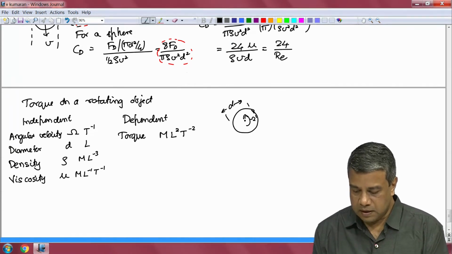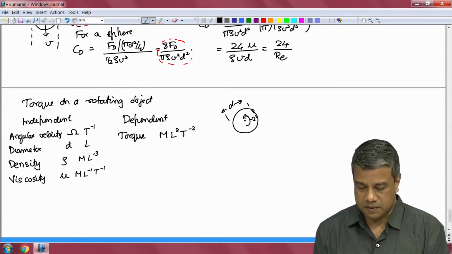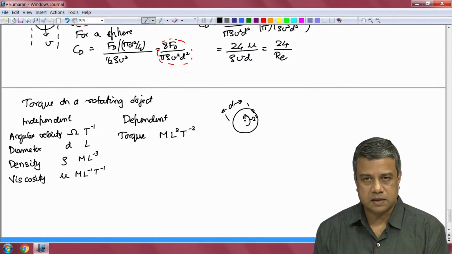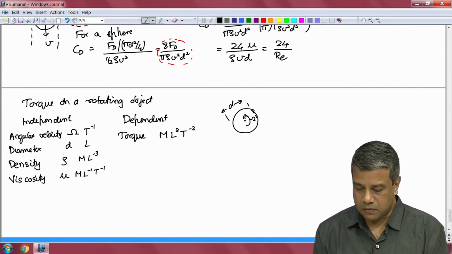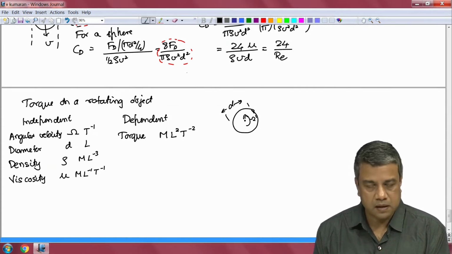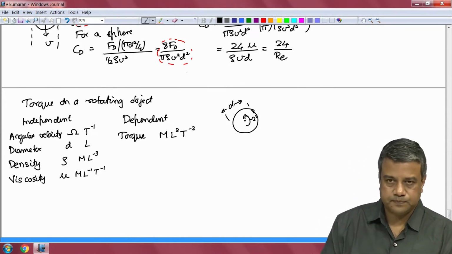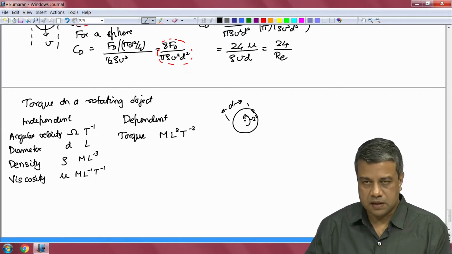Therefore, I have 1 dependent and 4 independent dimensional quantities in this problem. There are 3 dimensions, mass, length and time. Therefore, I should be able to get 1 dependent dimensionless group and 1 independent dimensionless group. So, what is the dependent dimensionless group?